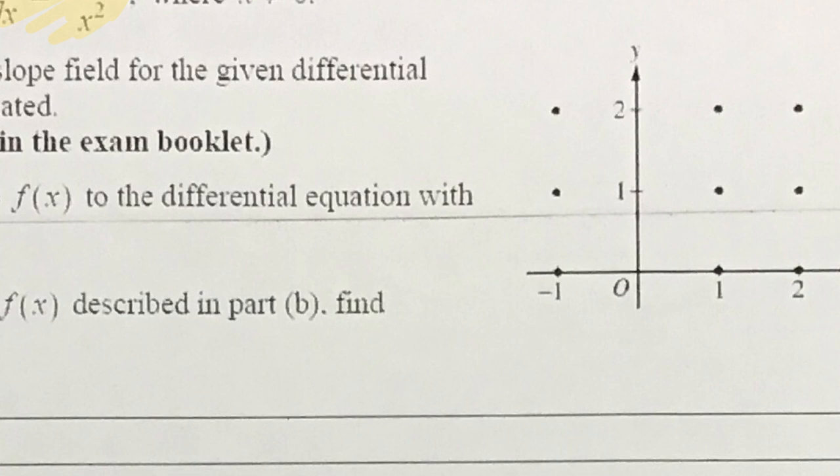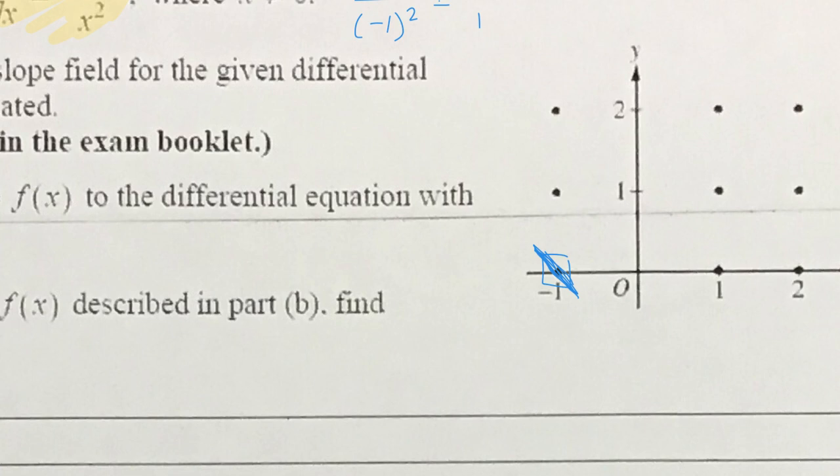So let's start at the left. When x is -1, that would be (0 minus 1) over (-1) squared, which is -1 over 1, which is a slope of -1. So you will draw your -1 slope in right there. Now let's move up 1, and we're just changing your y value.